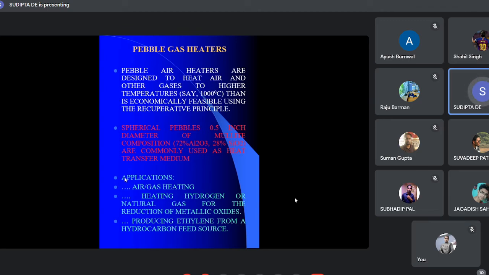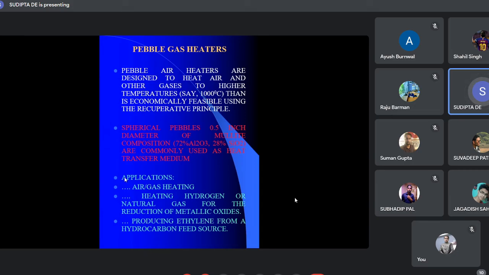And then obviously it will be economically feasible using the recuperative principle. Means we can install this if it is justified that we can gain a temperature in the range of around 1000 degrees Celsius. And the spherical pebble diameter is almost 0.5 inch.